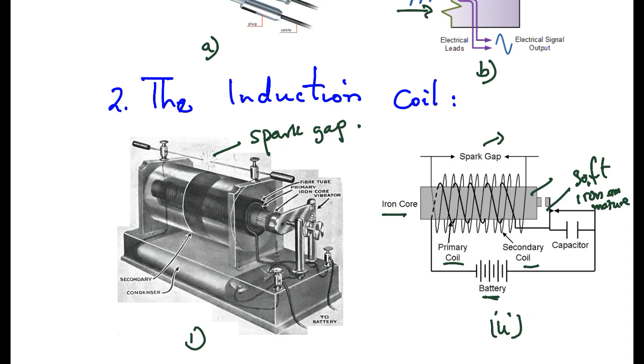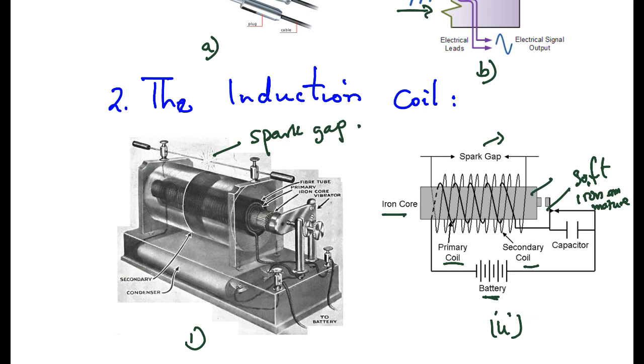The moving armature opens the contact and cuts off the primary current, hence reducing the magnetic field to zero. This induces a large EMF in the secondary coil by mutual induction.